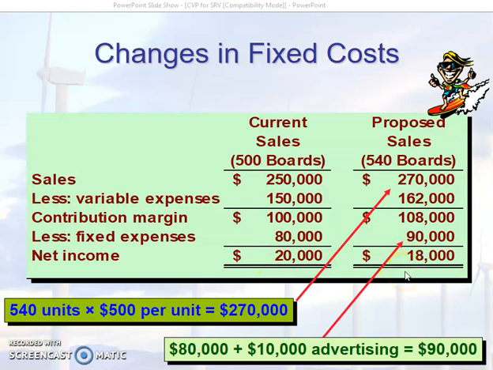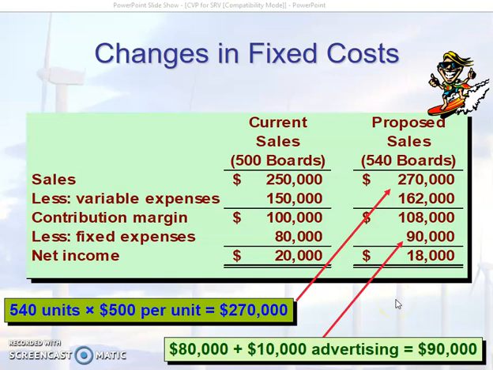Okay, so if we're going to look at this strictly based on the numbers, we're actually better off selling 500 surfboards than 540. Again, assuming that we have to spend the $10,000 extra to generate these 40 extra sales.